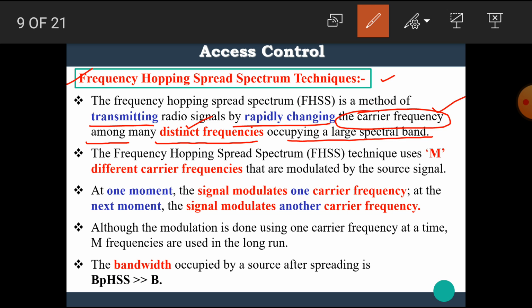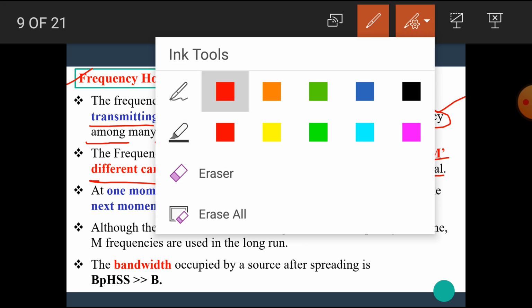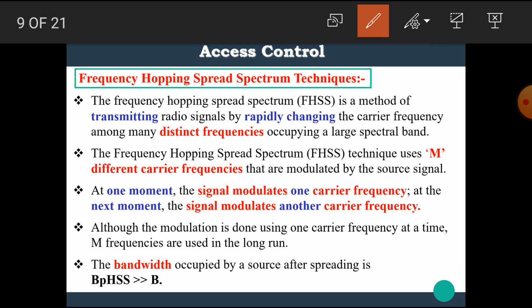In frequency hopping spread spectrum, the technique uses m different carrier frequencies that are modulated by the source signal. In short, we can say that in a frequency hopping system, many different carrier frequencies are used to modulate the source signal. At one moment, the signal modulates one carrier frequency.